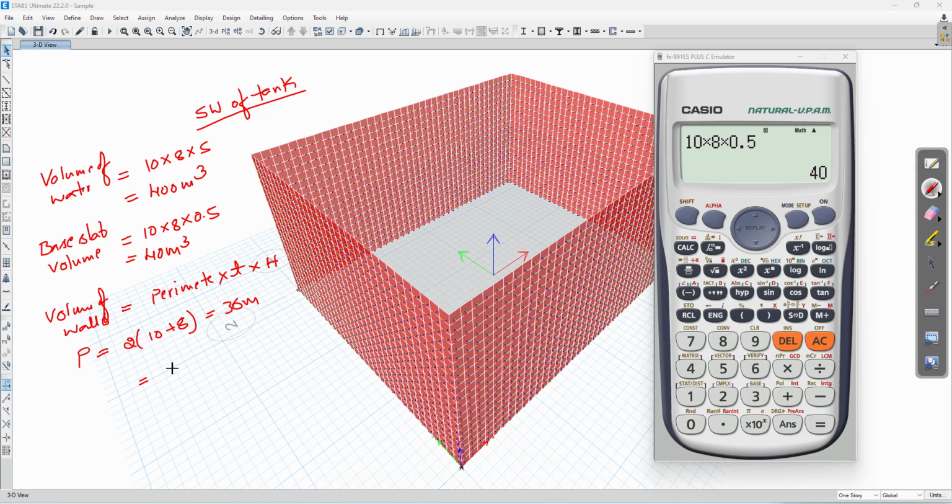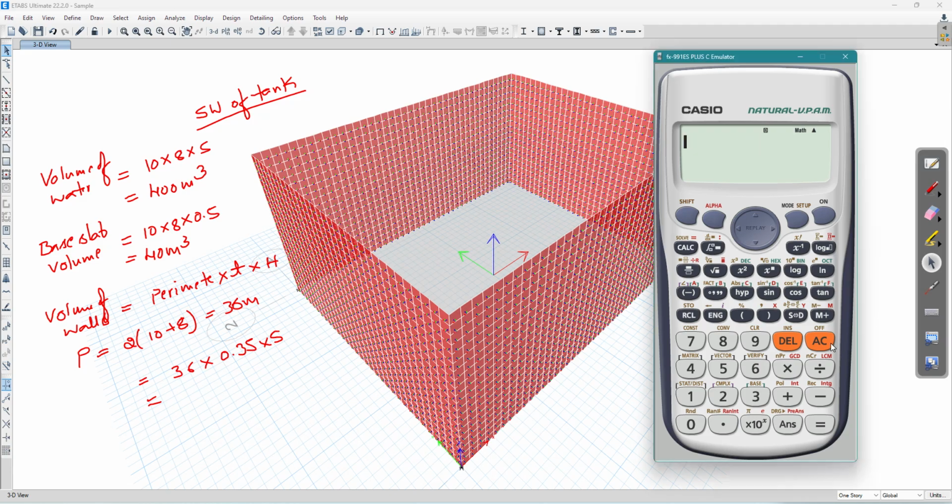So the volume of wall will be 36 into thickness of wall 0.35 into height of the wall 5. So it is 63 meter cube.